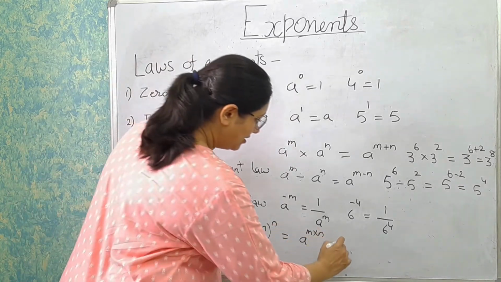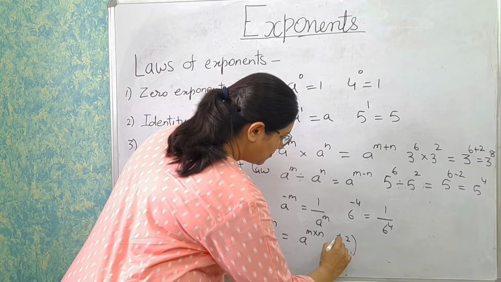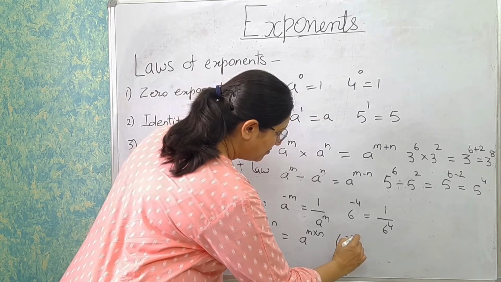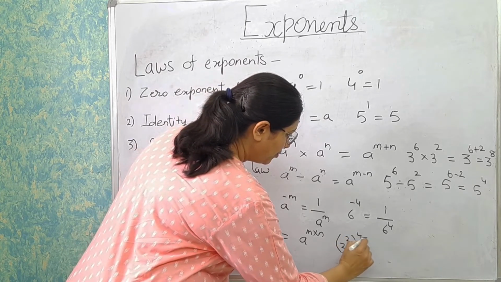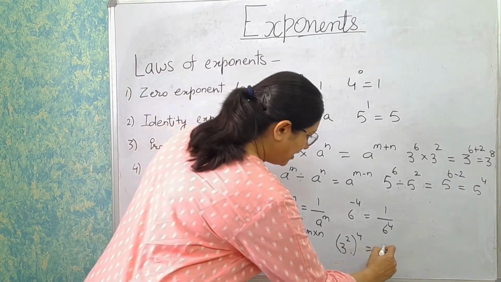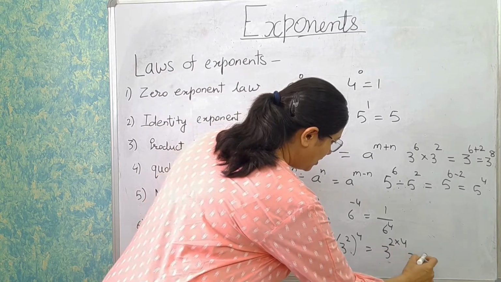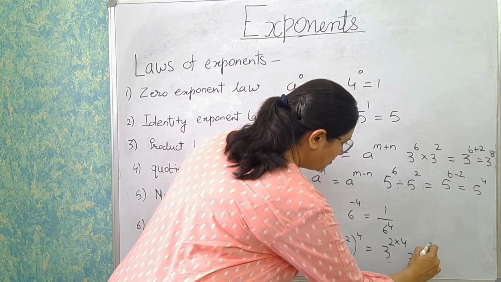For example, 3 to the power 2 bracket close, then power 4. So when I will open the bracket, I can write 3 to the power 2 multiplied by 4, and so the answer is 3 to the power 8.